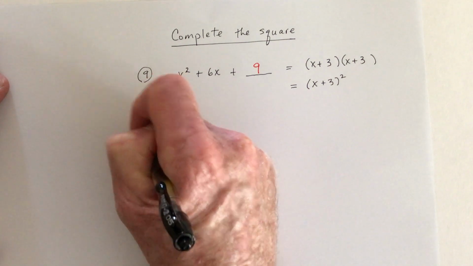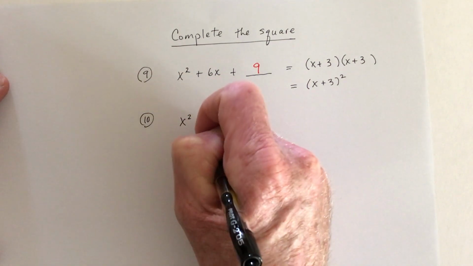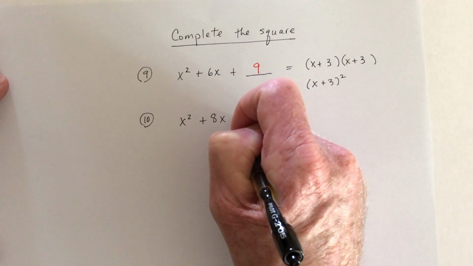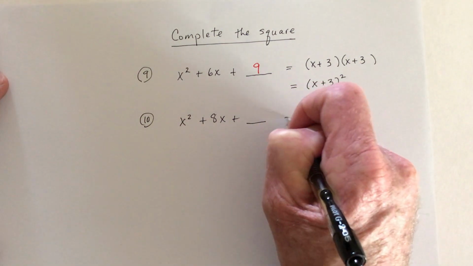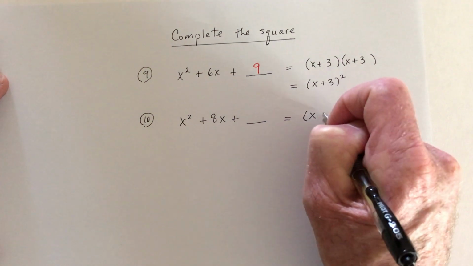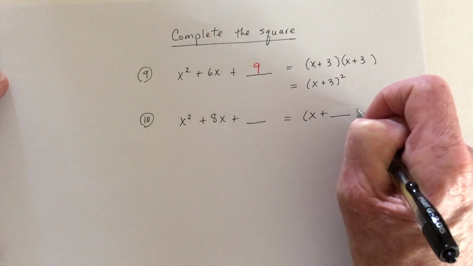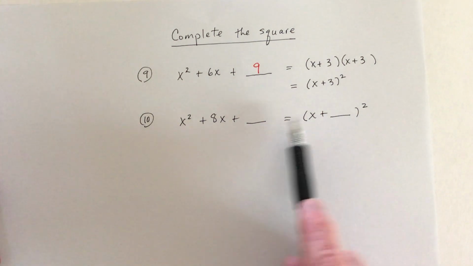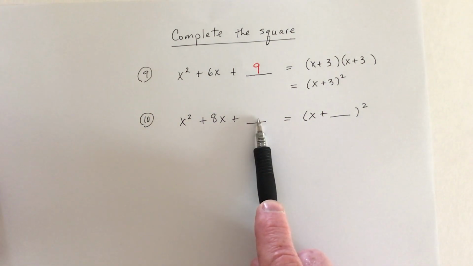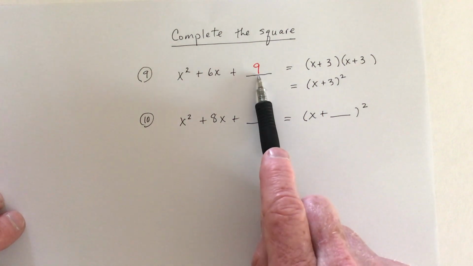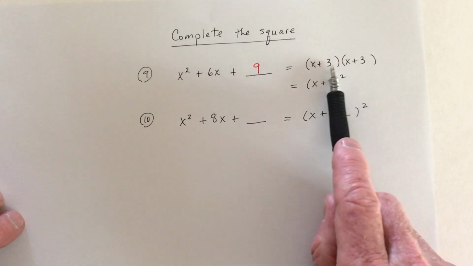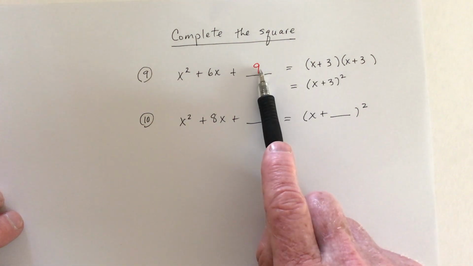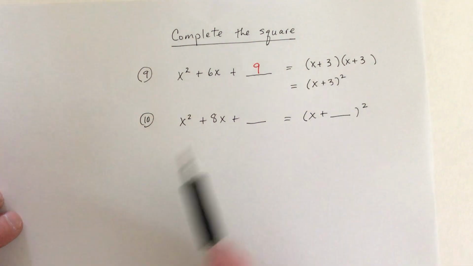For example number 10, what if I just leave off one more piece of information? So this is missing, and then x plus this is also missing. So what number goes here and what number goes here? Well, we already had the hint because over here was a 3 times 3. So I just multiplied those and said it's 9, and it turns out that was what I should do.